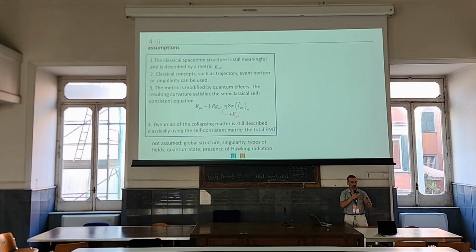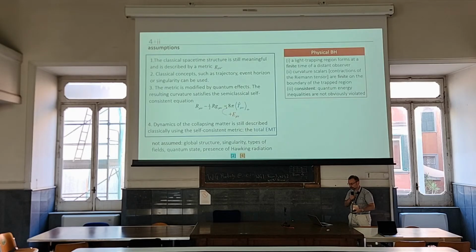Its boundary is not too singular, and that means curvature scalars are finite. I don't require anything more than that. And the stuff is not too weird. Now, what is too weird in semi-classical gravity? Quantum theory allows negative energy density, allows violation of the null energy conditions, but it doesn't allow arbitrary violations. There are bounds, quantum energy inequalities, and our solutions should live in peace with those bounds. So we take only these two ingredients of the paradox and look at what it does to black holes.